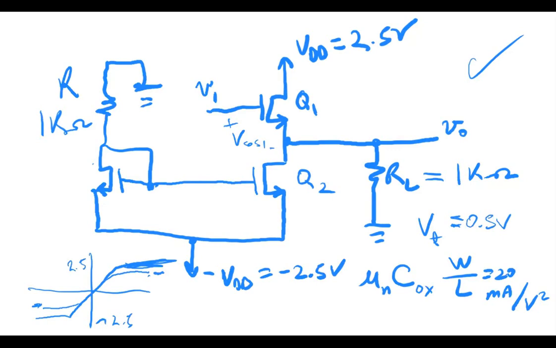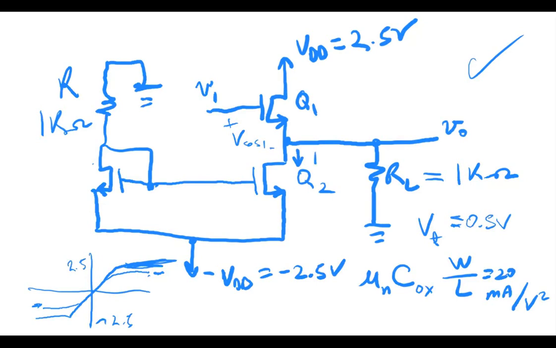So the first thing that we want to find out is the current. What is the current that is going to flow out of the driver transistor, which is Q1, and that current is over here, and that current that is going to flow into Q2 as well.